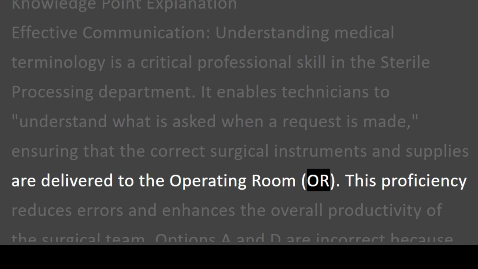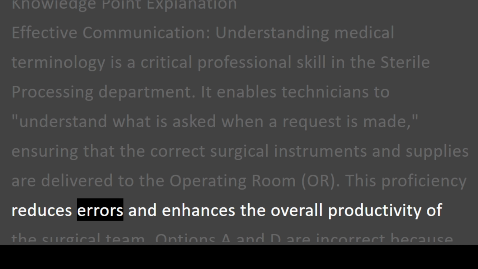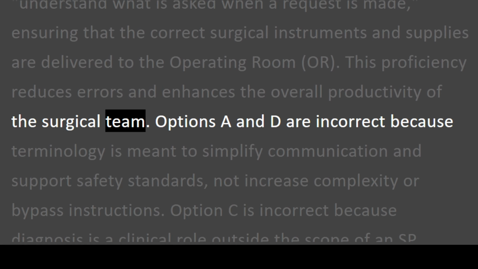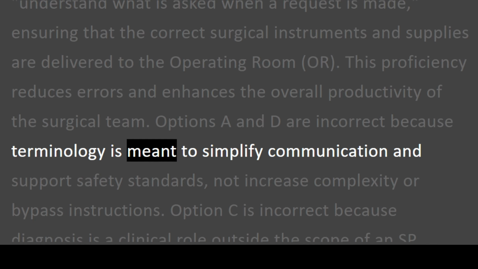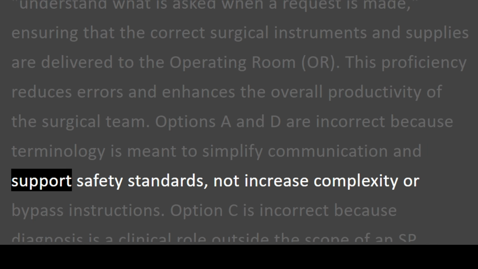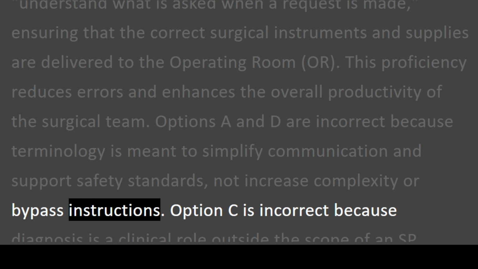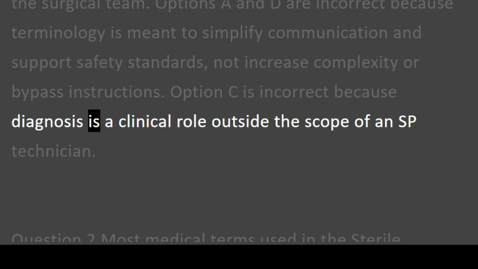This proficiency reduces errors and enhances the overall productivity of the surgical team. Options A and D are incorrect because terminology is meant to simplify communication and support safety standards, not increase complexity or bypass instructions. Option C is incorrect because diagnosis is a clinical role outside the scope of an SP technician.